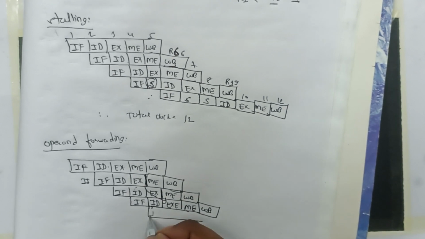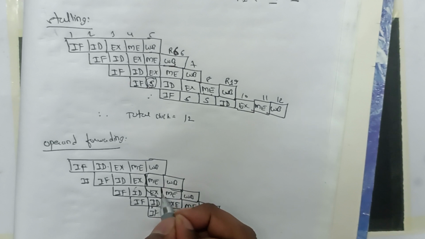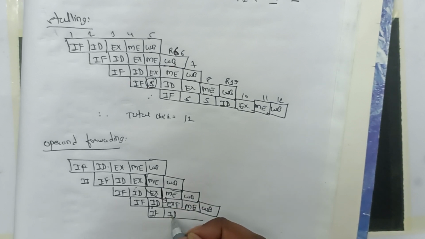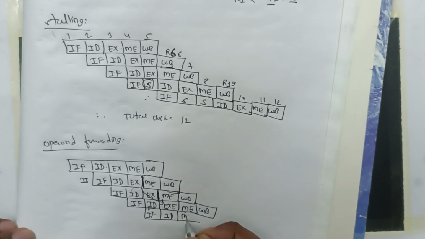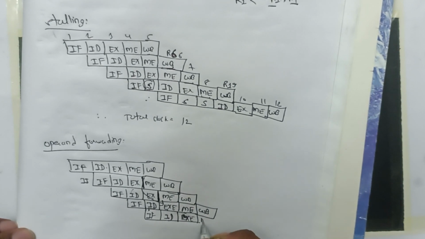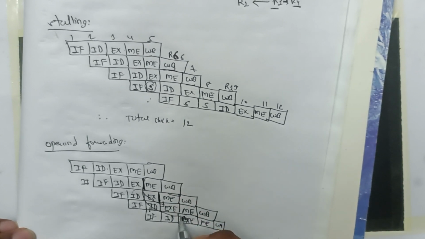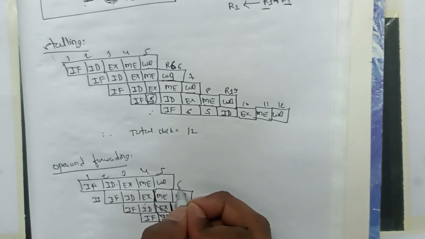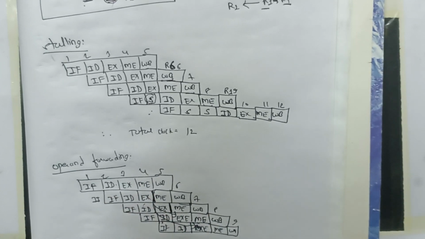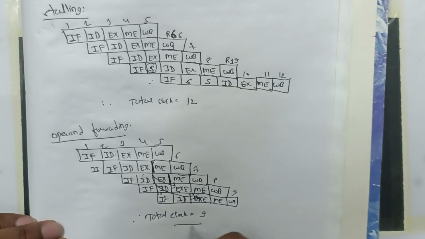So IF, ID, where I get the operand value in the instruction decode stage, then execution, memory, and WB. The clock cycles: 1, 2, 3, 4, 5, 6, 7, 8, 9. Total clock cycles is equal to 9.